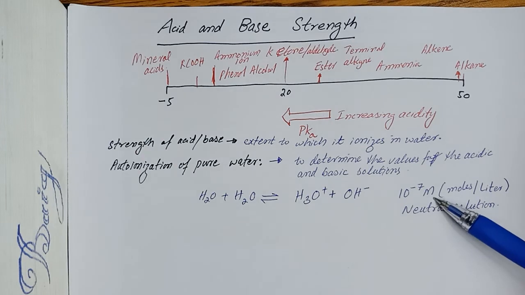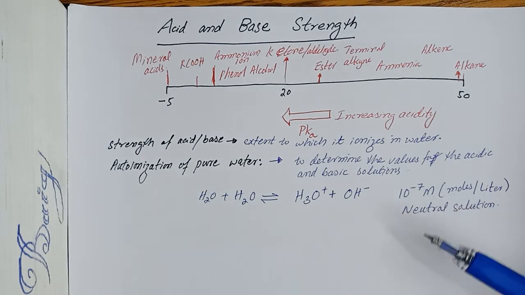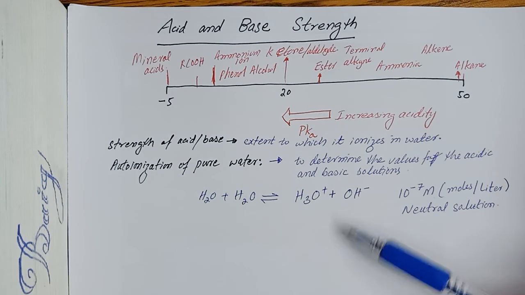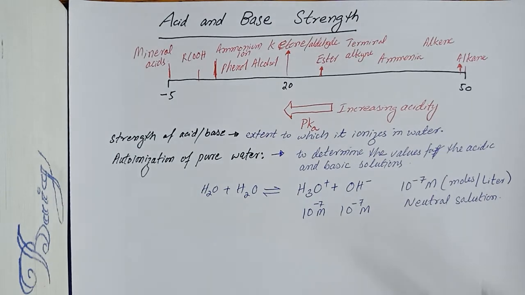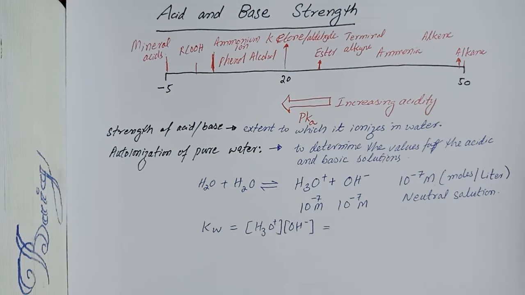As these water molecules undergo autoionization, the concentration of the two generated species is 10 to the power minus 7 molar each, and the product of the concentration of hydronium ion and hydroxide ion is equal to an equilibrium constant known as Kw, because the process is an equilibrium, and the constant is given as the product of the concentrations of hydronium ion and hydroxide ion.